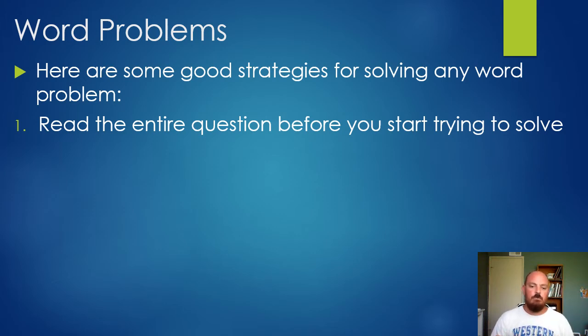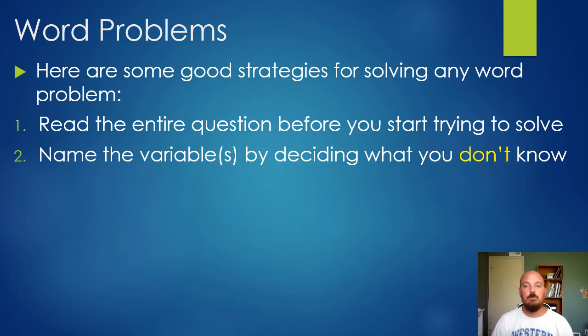Or they see the first number, $1,000, and they start. Read the question once through, put your pencil down, read through the whole thing once, because you get the idea of the question and what you're being asked to do. Then you go back and try to solve it.